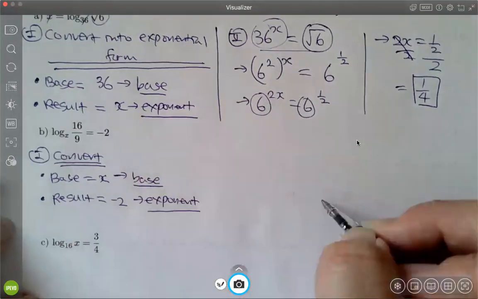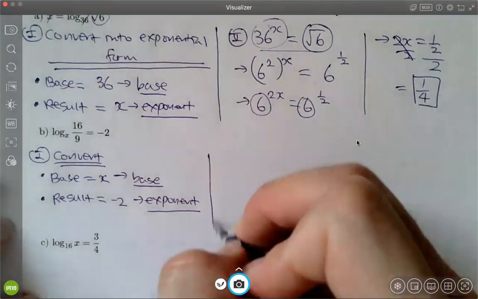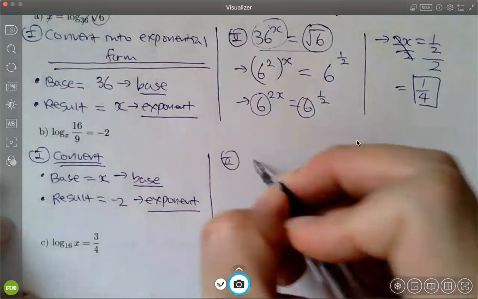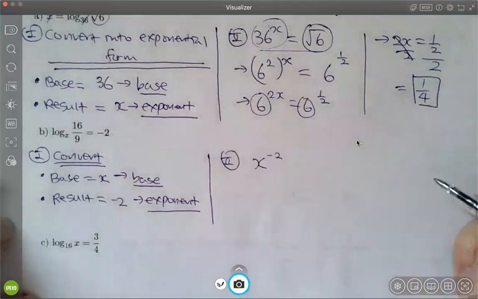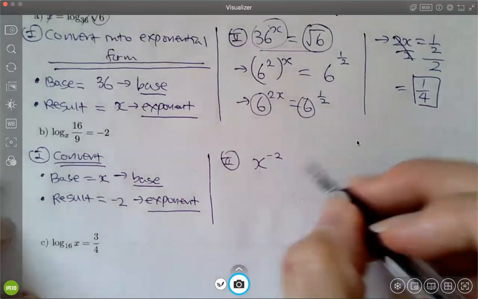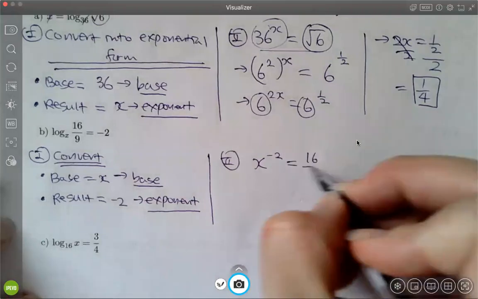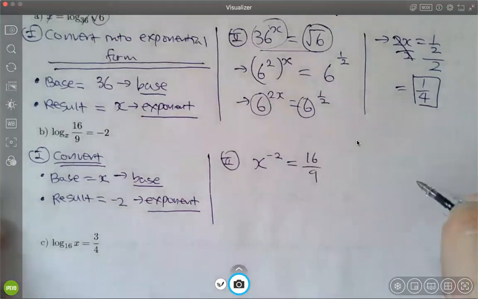So what's the conversion? X to the power -2 is equal to what? 16 over 9, right? Okay, and now we have seen this kind of equation before.